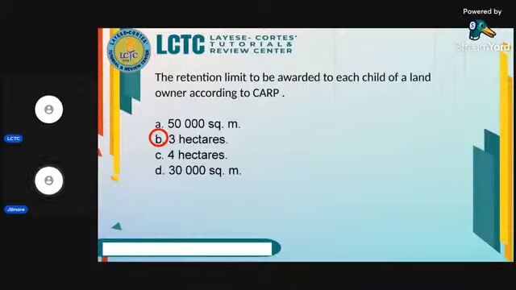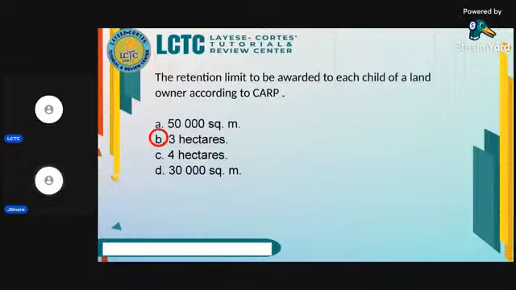Here, under the CARP law, Comprehensive Agrarian Reform Program, the retention limit, say for example, you are a daughter of a hacendero, and in the CARP law, lands will be distributed to farmers and tenants. The retention limit to be awarded to each child. Say, for example, your father owns 50 hectares.